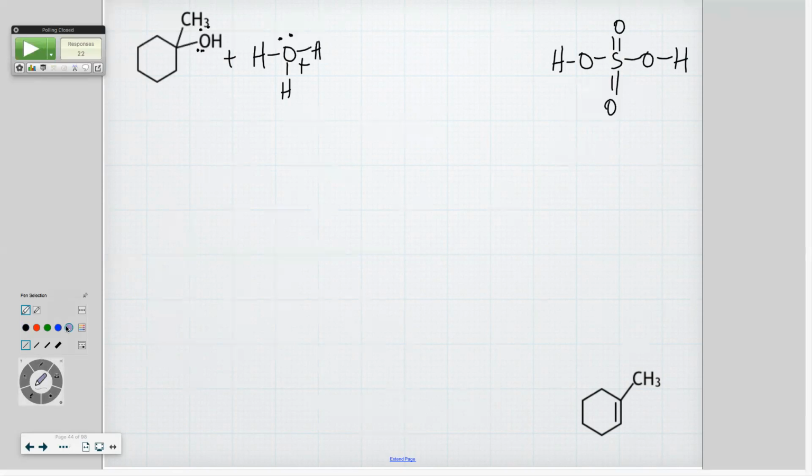So we're going to protonate the oxygen of the alcohol. These electrons are going to come over here and grab a proton. And then what happens to the electrons in this bond? Where do they go? To the O. So what do we have now? Remember, it's going to be one step at a time.